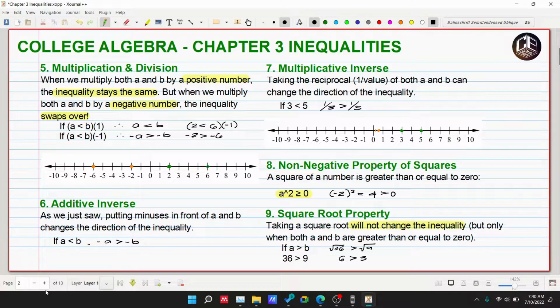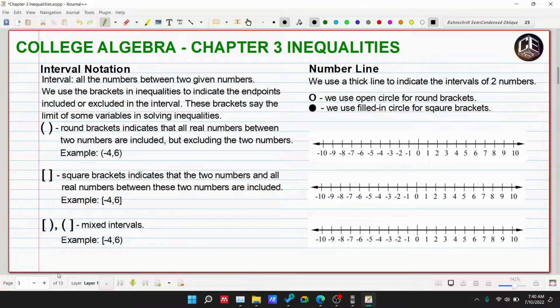Pero dito, ang gagawin natin, isosolve natin yung inequality and at the same time, i-graph natin siya. Okay? And kukunin natin yung interval notation nila. Okay? So, interval, meaning ng interval, all the numbers between two given numbers. Yan. All the numbers or possible numbers between two given numbers.